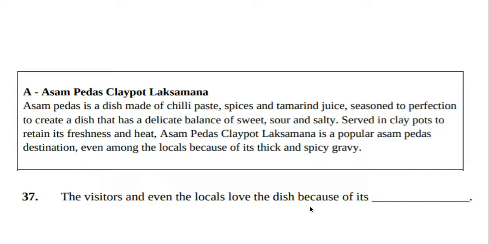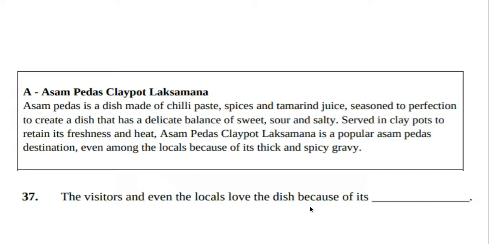Maksudnya cari perenggan yang dalam dia ada tulis pelancong luar dan penduduk tempatan dua-dua suka makanan tu. Cari. Mungkin maybe the words used are not the same. Mungkin perkataan tak sama. Tapi maksud dia sama. Kan?